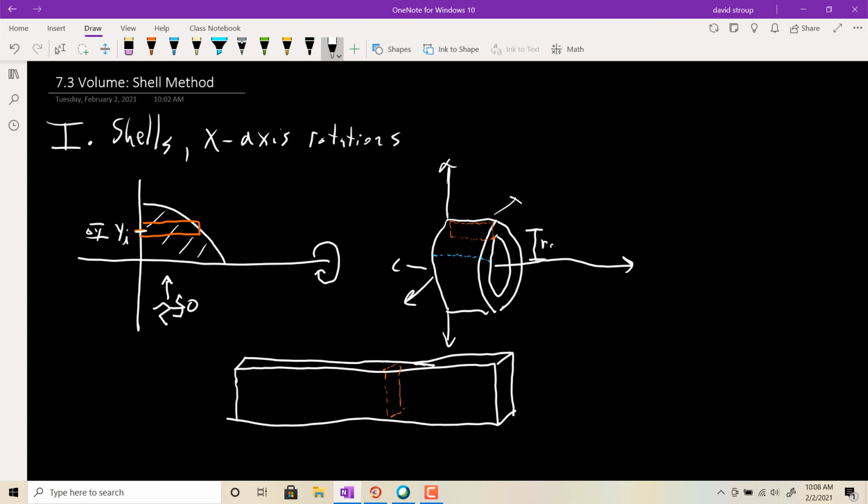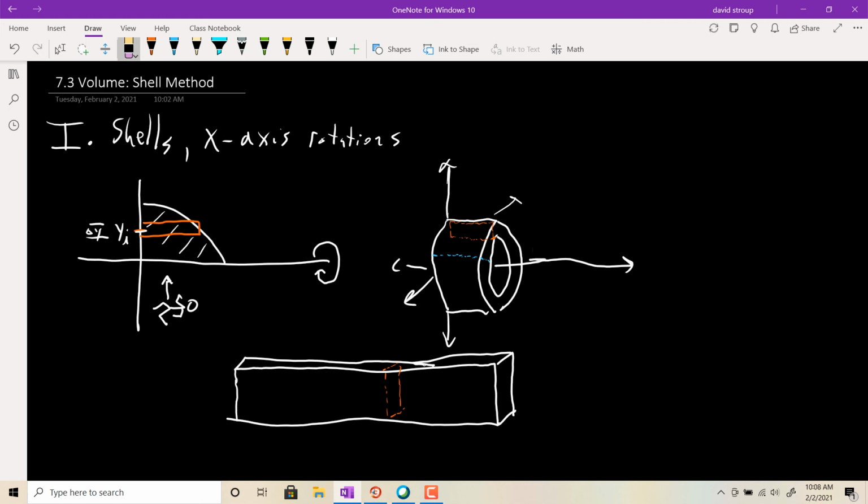This would be the radius of this shell. So I need that dimension regardless. And where is that dimension on this unraveled picture? I guess I'm getting ahead of myself here. One thing at a time.